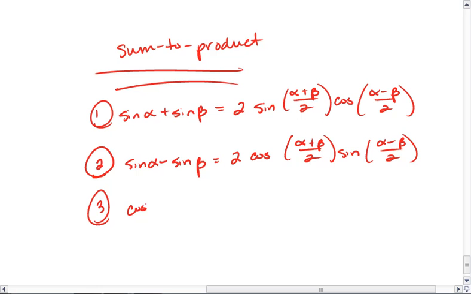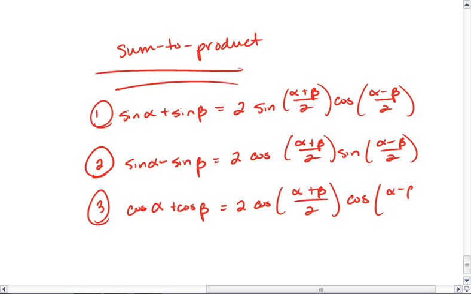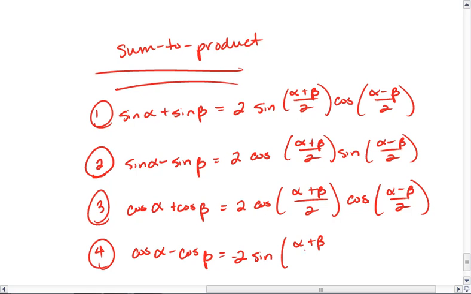Third is if we have cosine alpha plus cosine beta, so cosine plus cosine, we get 2 cosine alpha plus beta all over 2 times cosine alpha minus beta all over 2. And lastly, if we have cosine alpha minus cosine beta, we get negative 2 sine alpha plus beta all over 2 sine alpha minus beta all over 2.